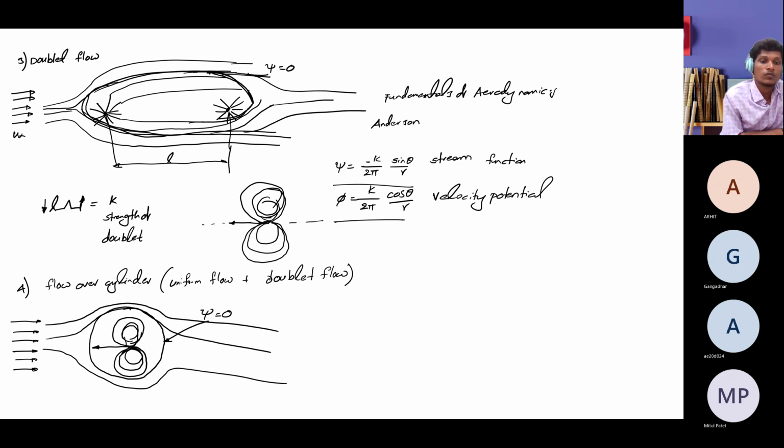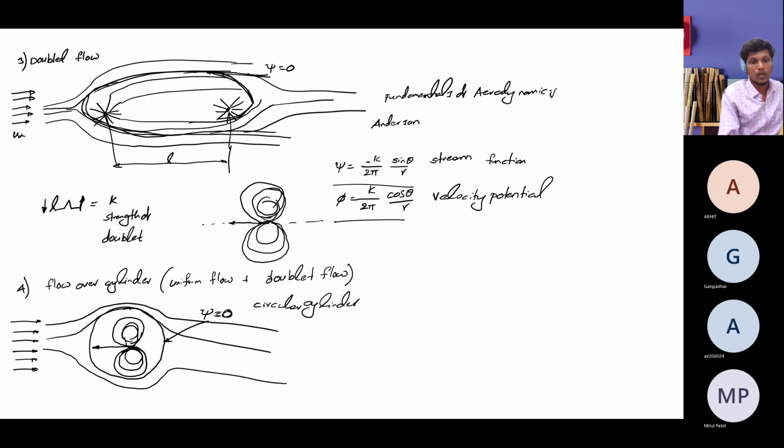That is the stream function of this line, the streamline is zero. That acts as a boundary, or it looks like a circular cylinder. And this flow over a circular cylinder we achieved by a combination of uniform flow and doublet flow, and the corresponding things are like this.